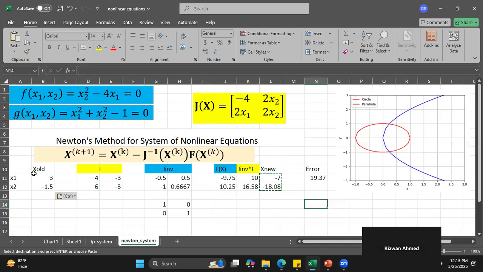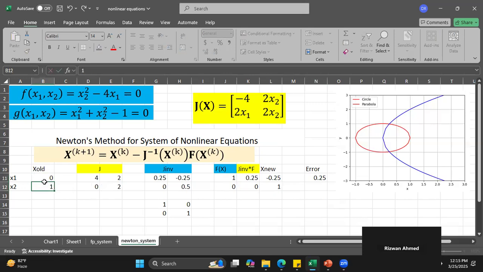So it seems the error is exploding. So let's start with some different approximation like 0, 1. If I start with 0, 1, then the new value is minus 0.025. And this is 1.